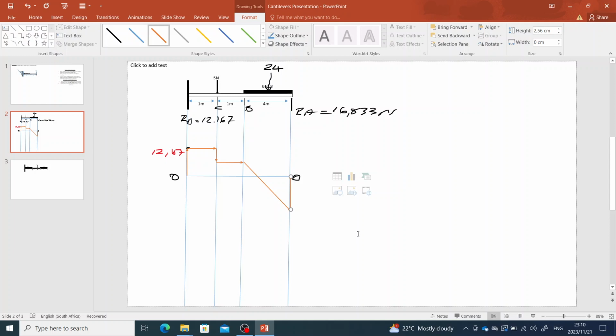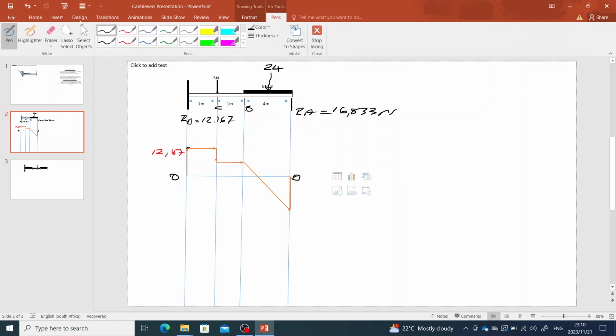Now, let's go ahead and write our values there. Let's use the black one. Here we had 12,167. Okay, to here 12,167, it's a positive one. Then we said minus 5.